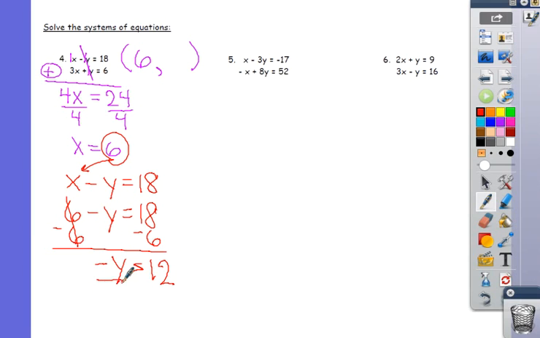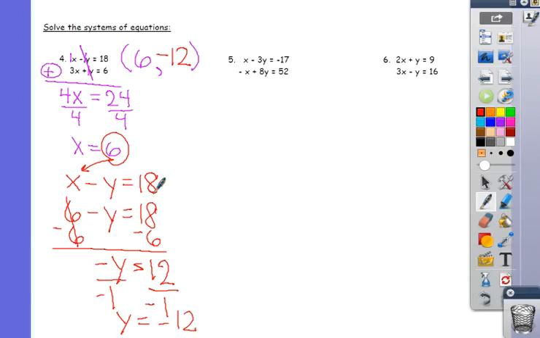You've got to divide by that negative 1. You can't leave it as a negative. So then we end up with y equals negative 12. So if y is negative 12, you come up here and you put negative 12. And that is how you solve a system of equations where you don't already have an x equals or a y equals. Okay? It's not very difficult.